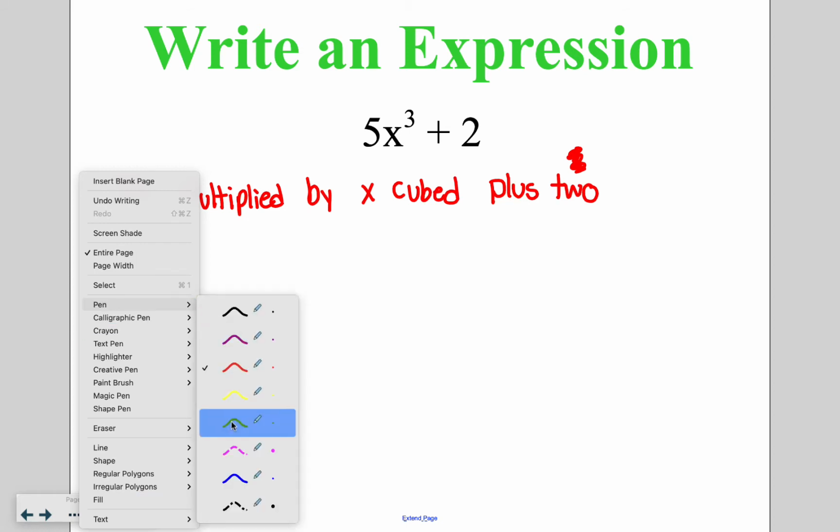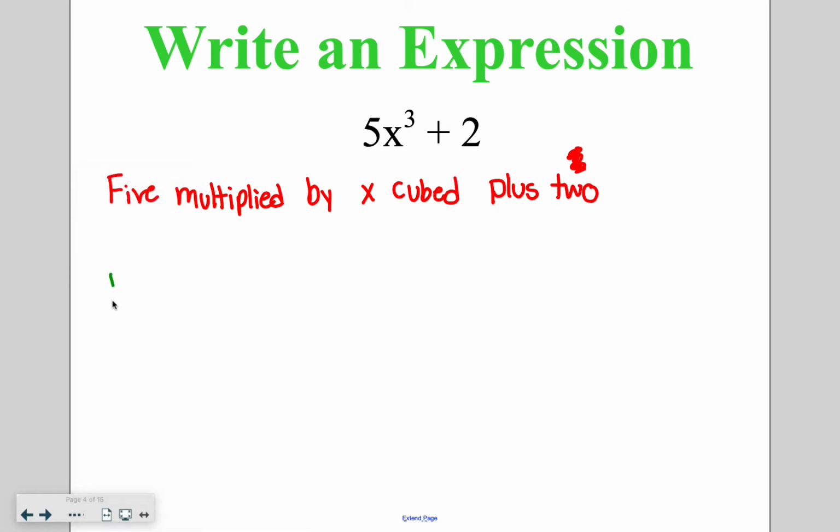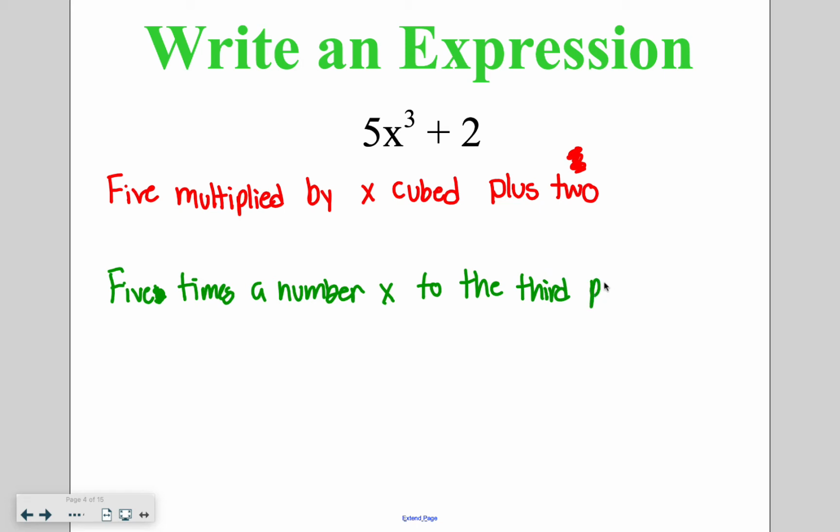Another example for how we could have translated this sentence would be to say 5 times a number x to the 3rd power increased by 2.